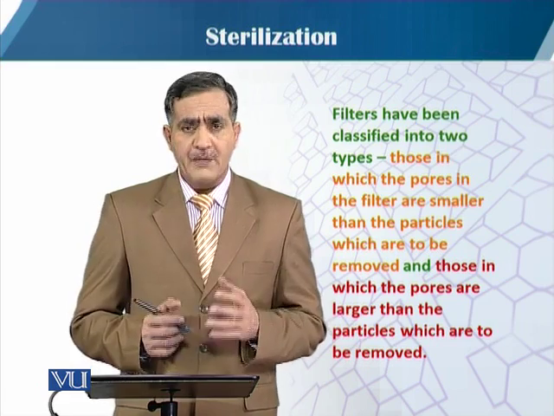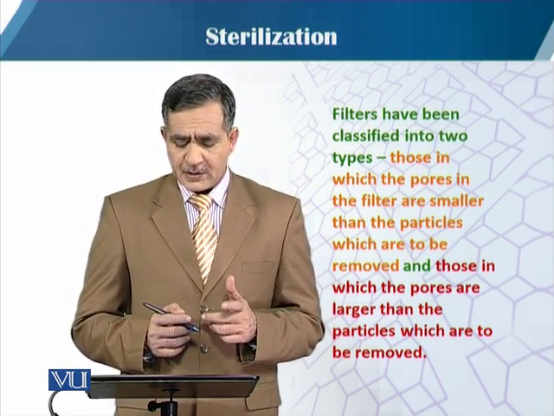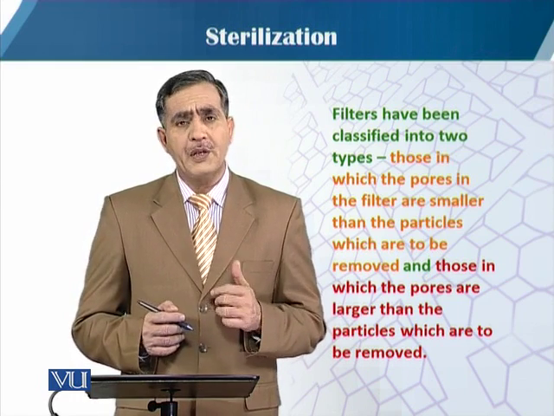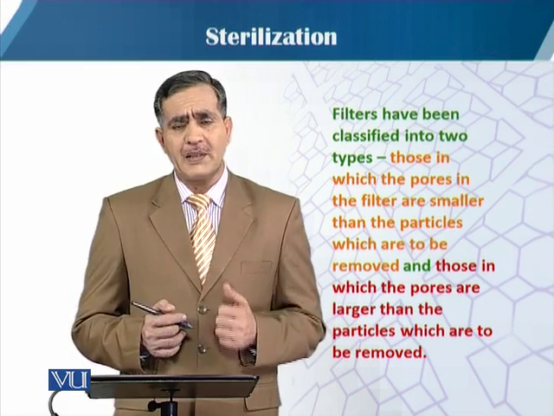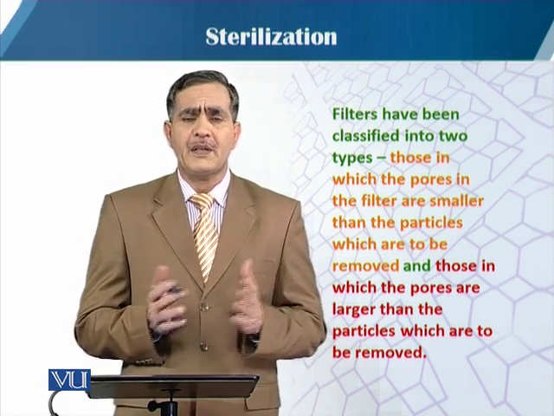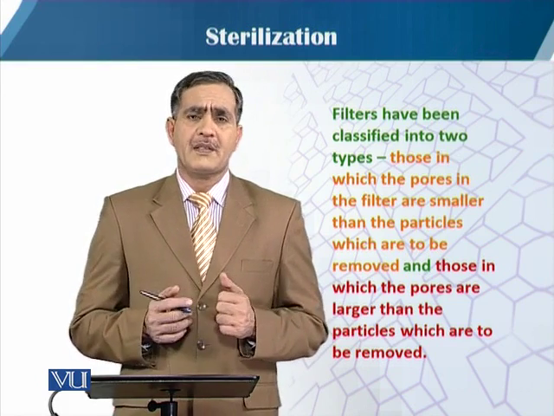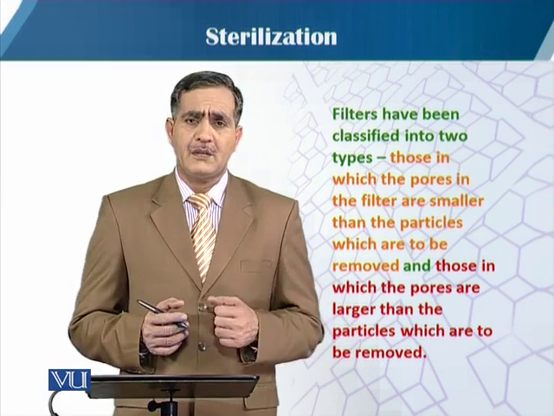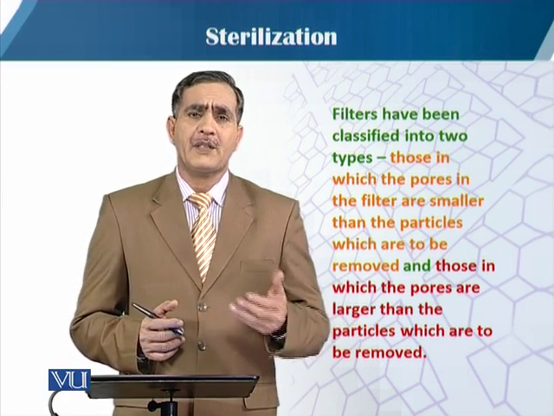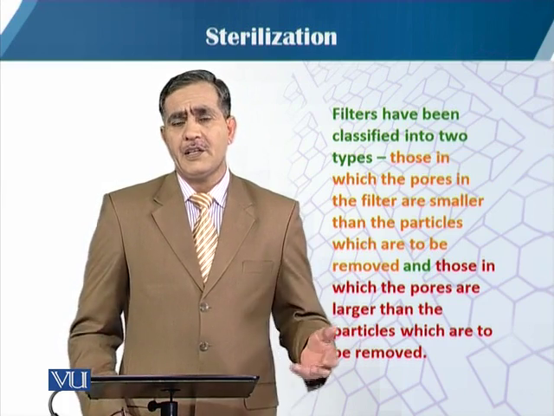The first is one in which the pores of the filter are smaller than the particles to be removed. The other is vice versa, when the pores are larger than the particles. These are the two different types of filters one can use for filter sterilization. In the next step, we will try to know what actually the process of filter sterilization is, in our later modules.